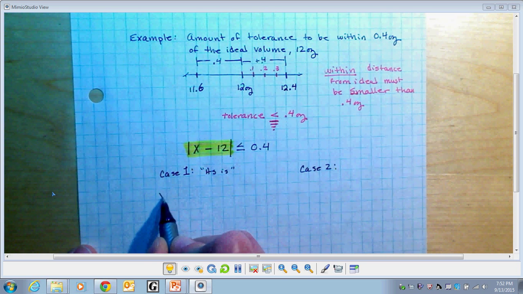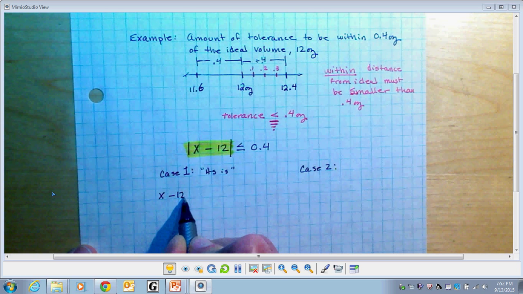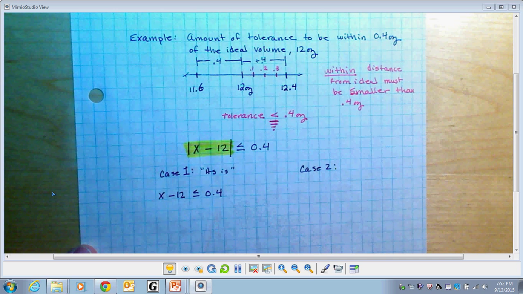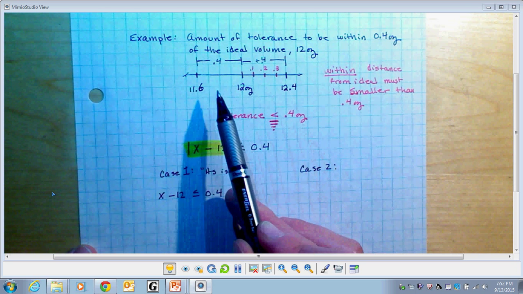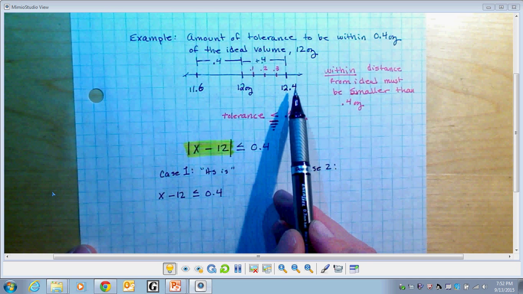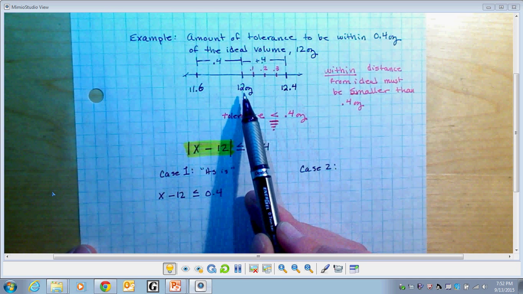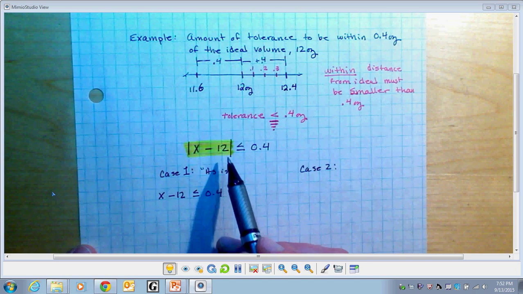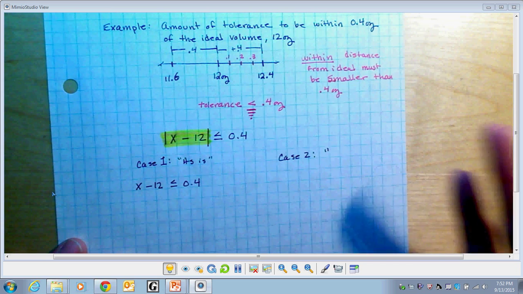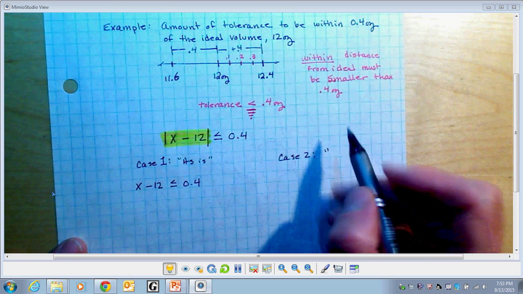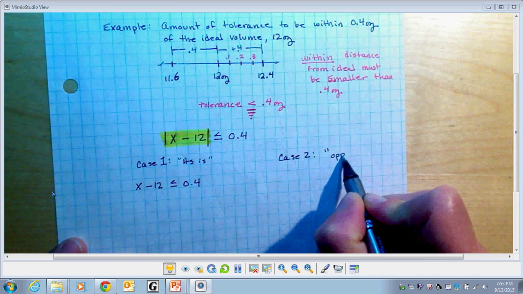I'm going to write it as x minus 12 is less than or equal to 0.4. Okay? So notice there's no more absolute value. But I have to have a case 2. Because remember, we look up here, we're going to have 2 different answers on either side of our ideal. That's our ideal. So case 2 is going to be the negative or the opposite of what's inside. So I'm going to write the word opposite.